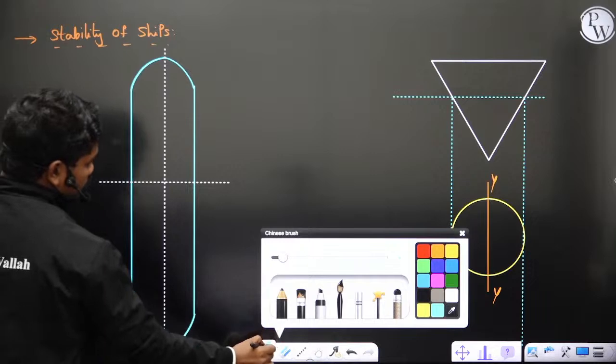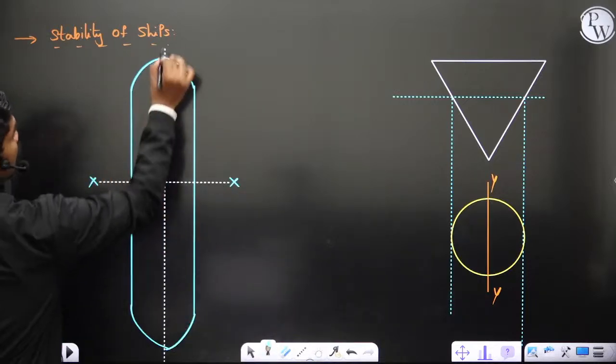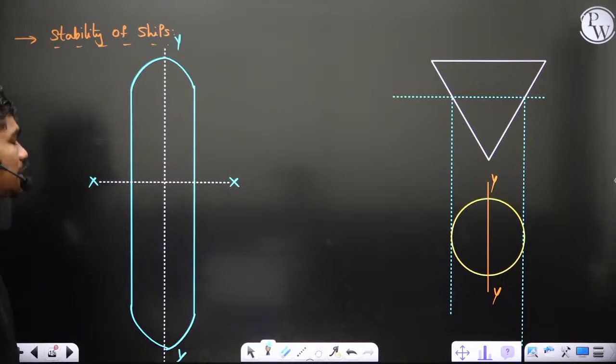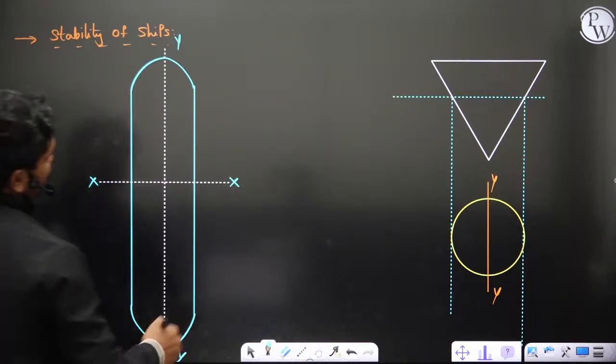Let us suppose I call this axis XX and this axis YY.